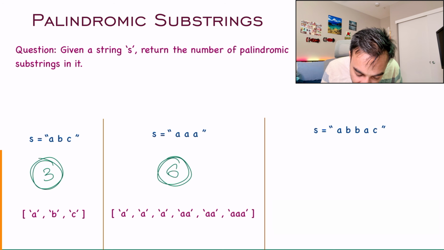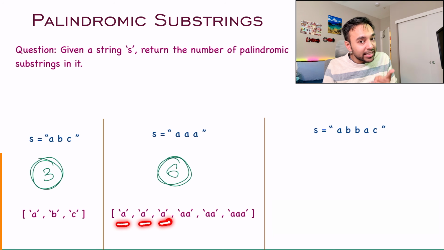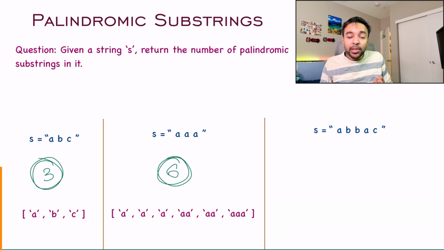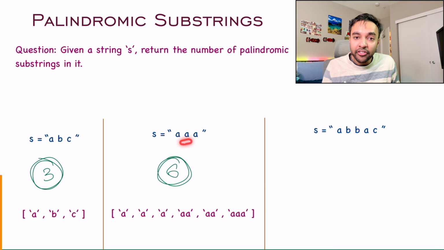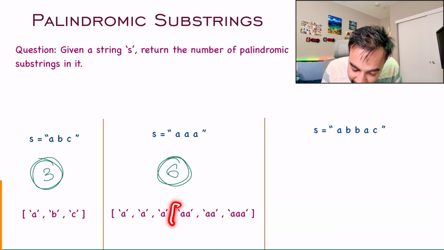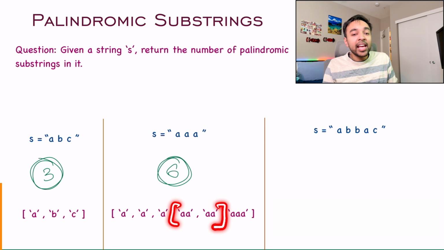For example, I will have all of the individual characters as palindromes themselves, right? I know they are the same, but this problem does not ask you to find the unique number of palindromes. It just tells you to give me the count of all the palindromes possible. So this substring is different, this substring is different, and this substring is different. Similarly, look at the other 2 palindromes, AA and AA.